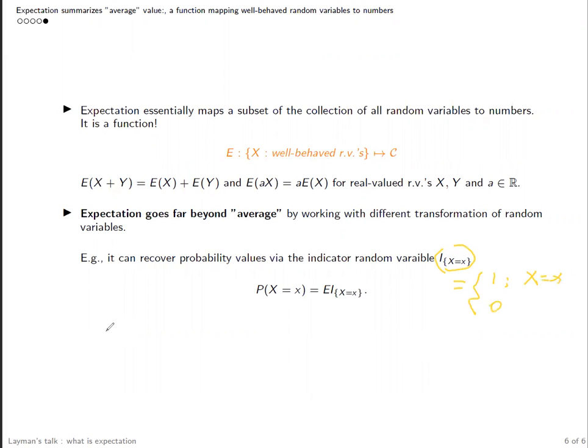So this is essentially also a random variable. This is also a function of the random variable X such that it maps all the outcomes from the sample space to 1 if this small s belongs to the event X equal to x, and 0 otherwise.